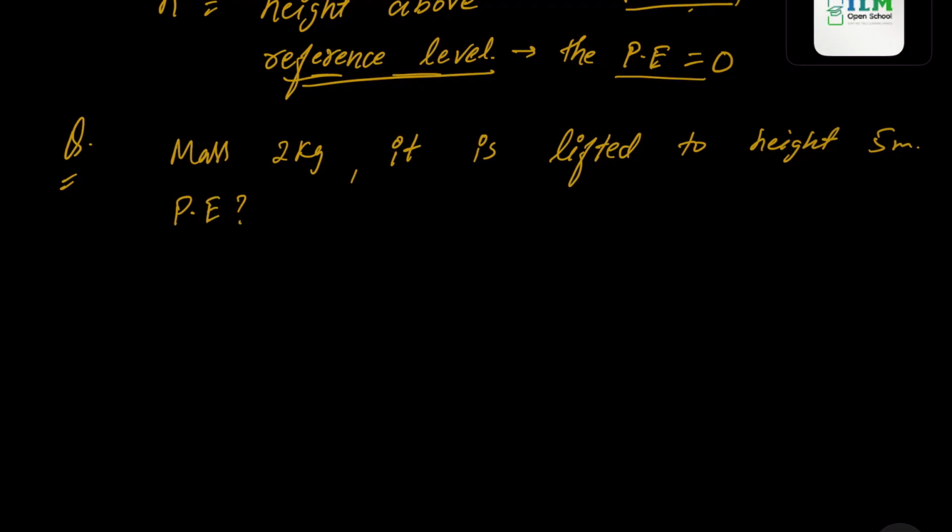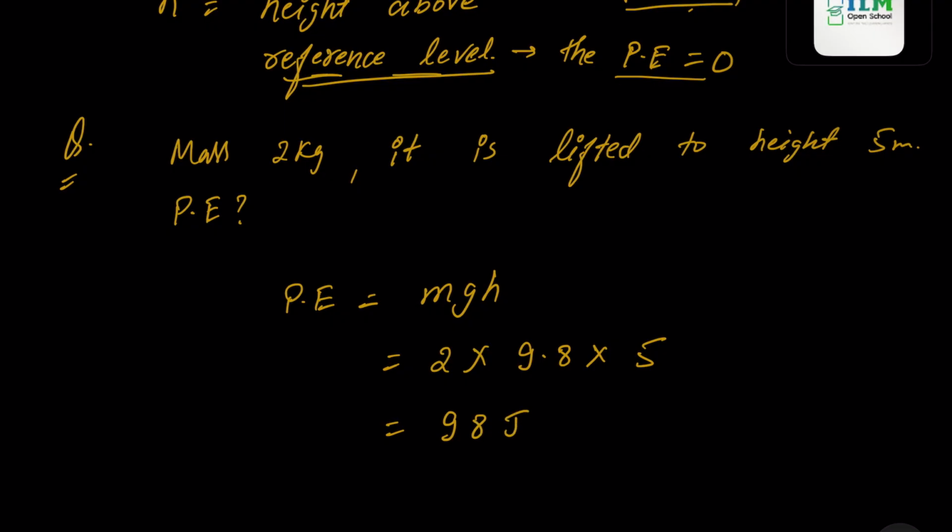It is very easy. Just put the formula: potential energy is equal to mgh. m is 2 kg, g is 9.8, h is 5. When we multiply it, 5 into 2 is 10, and multiplying by 9.8 gives 98. So 98 joule. This is the potential energy.